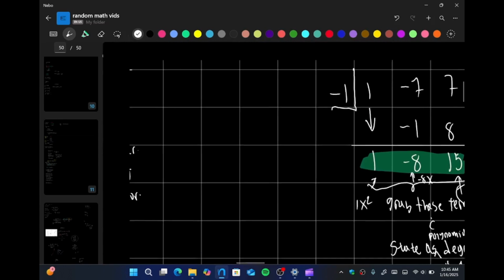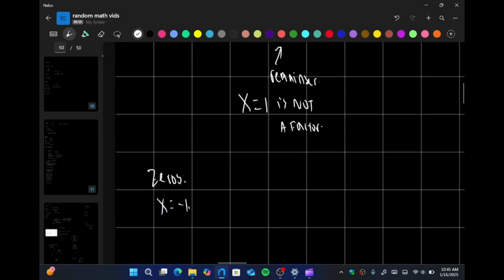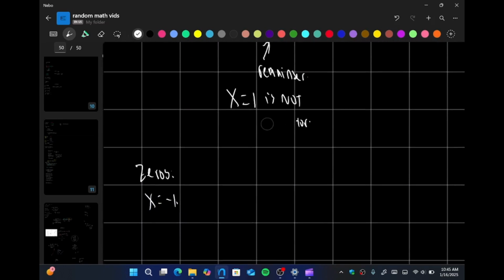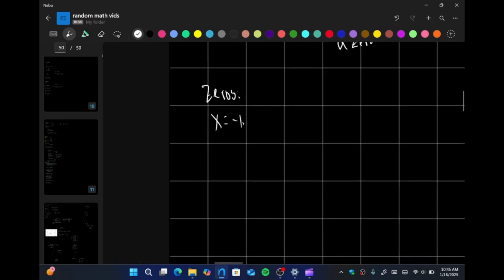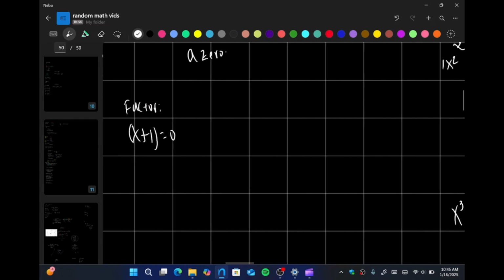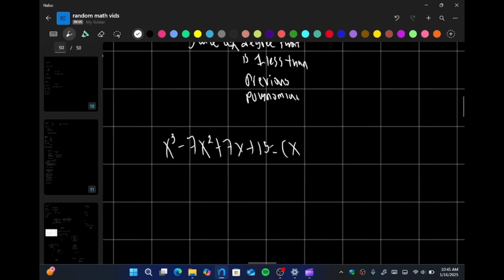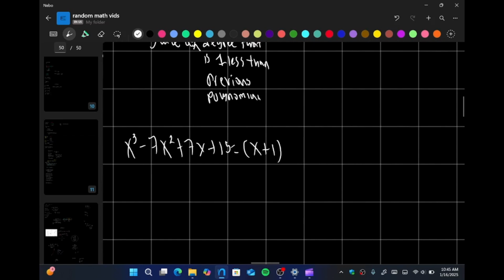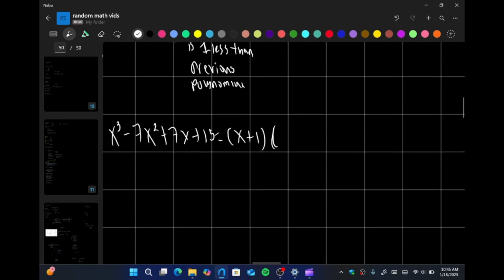And actually, that is not a zero, I'm sorry. We're going to put it as a factor. x plus 1 is a factor, right, guys? So we're going to put x plus 1 up here, times x squared minus 8x plus 15.